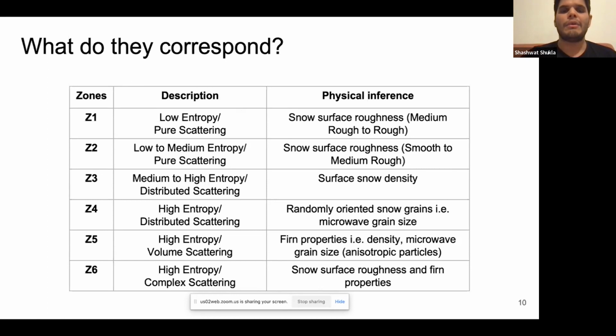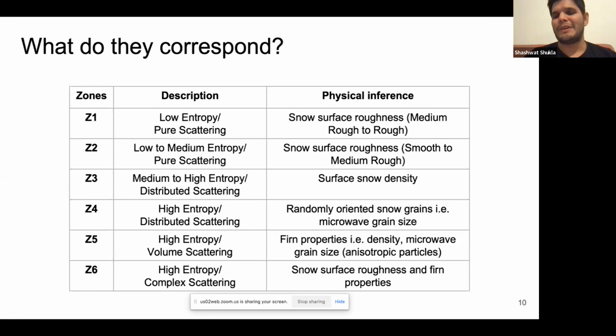Whereas when we go for the high entropy case, here it will be more concerned with the randomly oriented snow grains, and more specifically microwave grain size. And then it comes to volume scattering, which arises from the firn, and complex scattering. Complex scatterings are basically mixed signals, which are a bit hard to interpret.